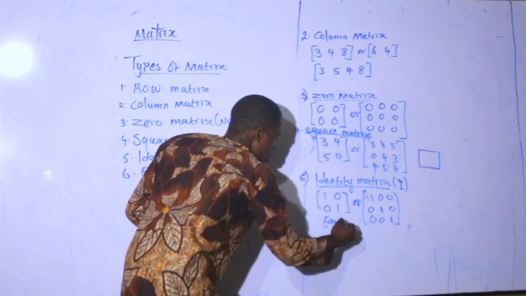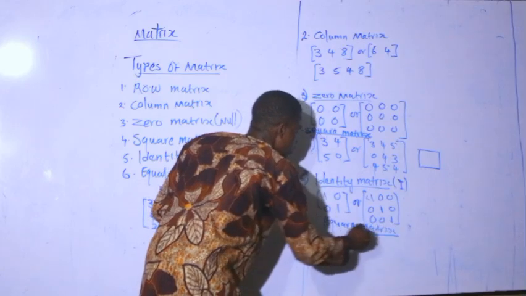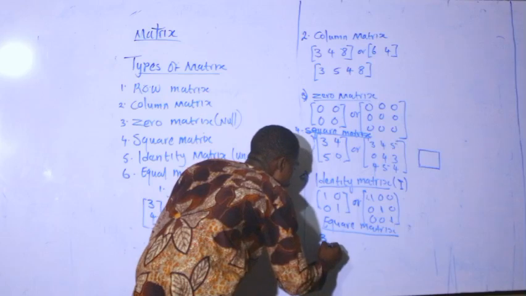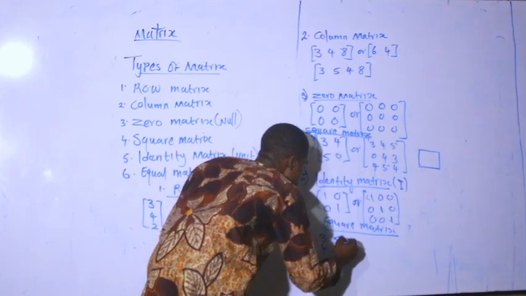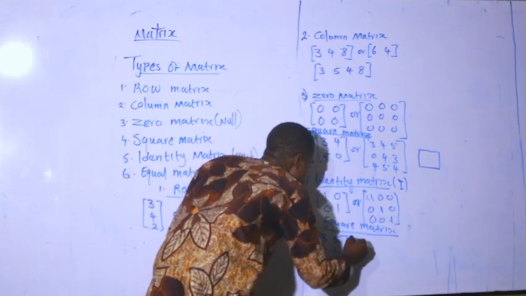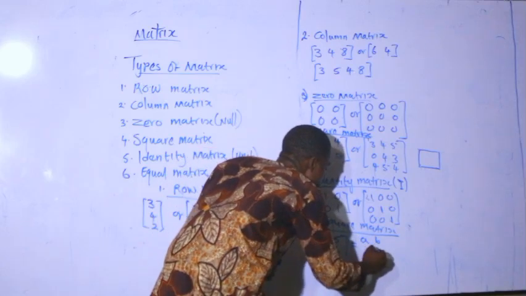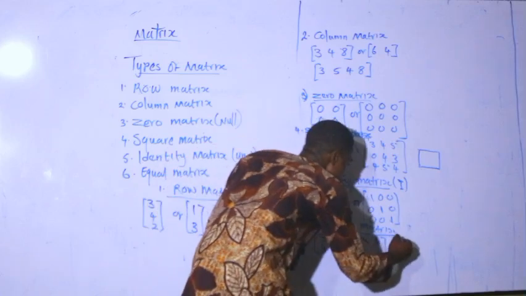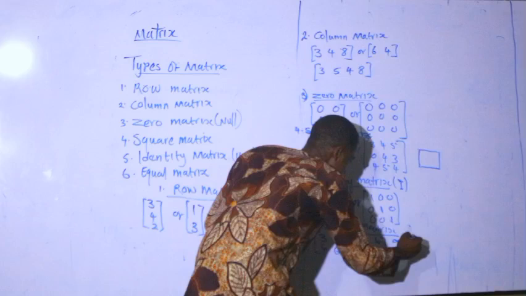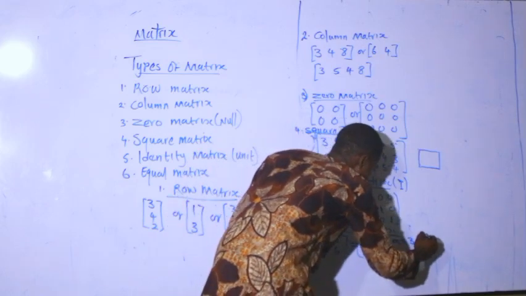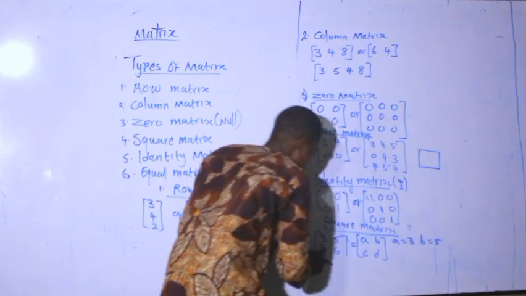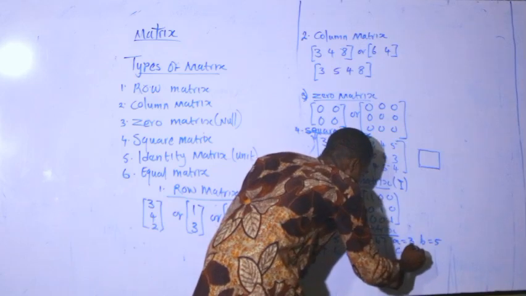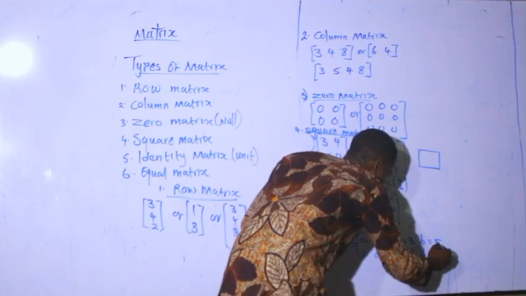Let us look at the last one, which is called equal matrix. An equal matrix means that A is equal to 3 and B is equal to 5, C is equal to 4 and D is equal to 6.